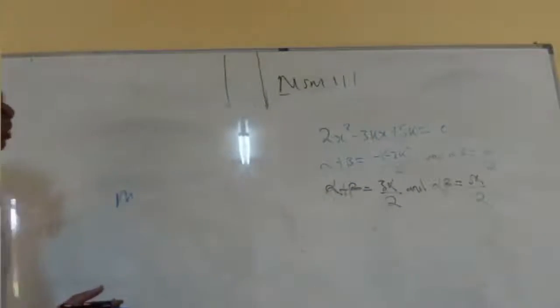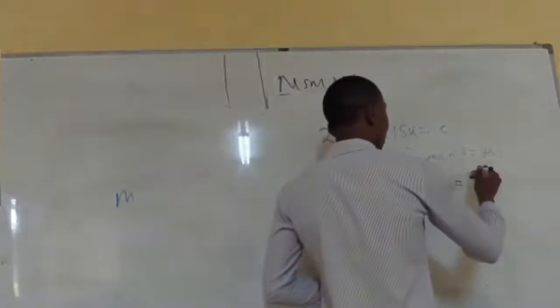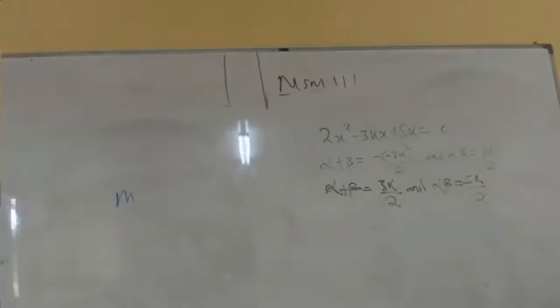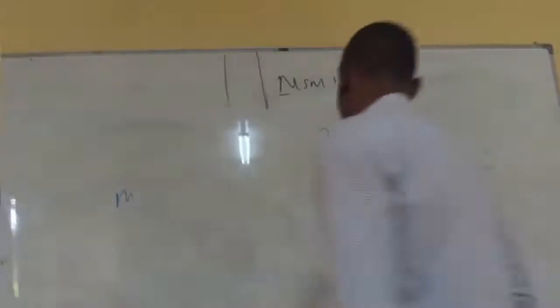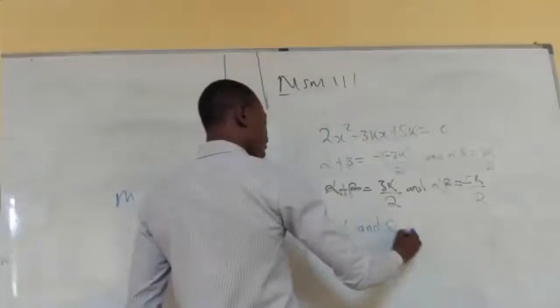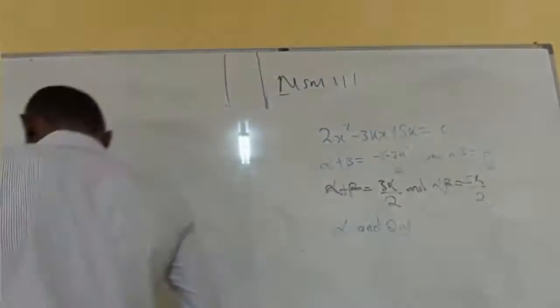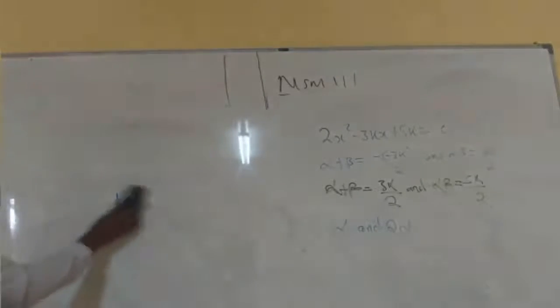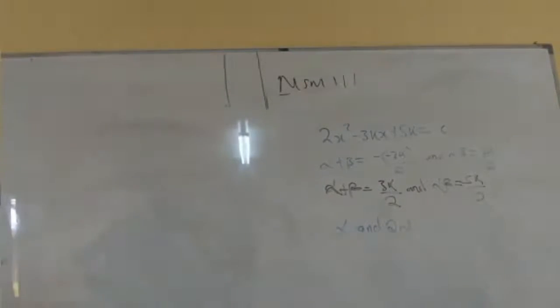So now we've been told that this has got one root twice the other. So if your first root is alpha, then the other root will be 2 alpha. Okay, that's one root twice the other.